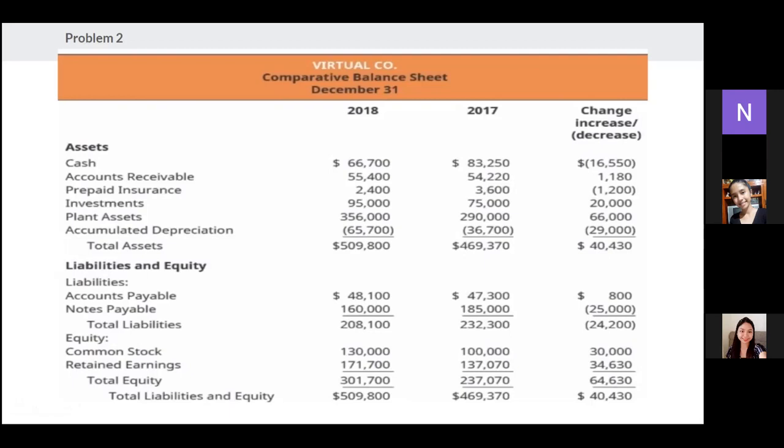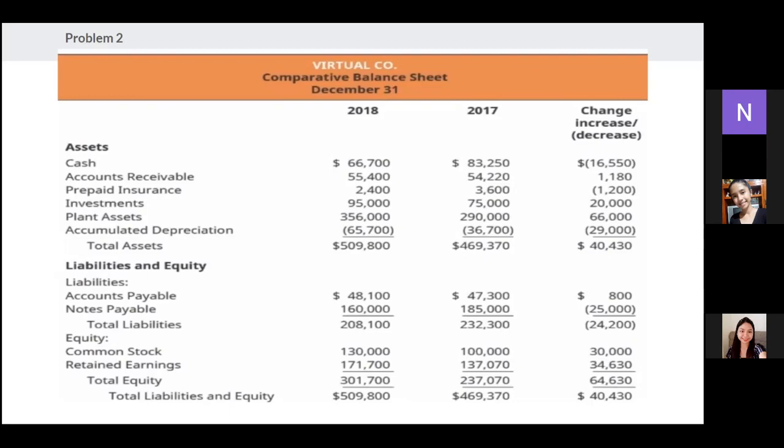For accounts receivable naman, in the year 2018 we have 55,400, while in the year 2017 we have 54,220. So it resulted to a positive, meaning it increased.